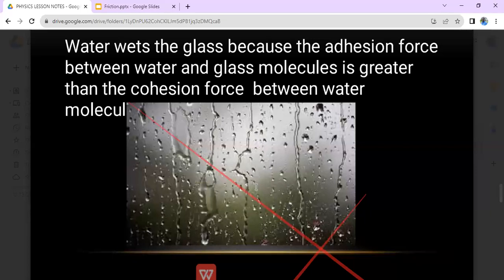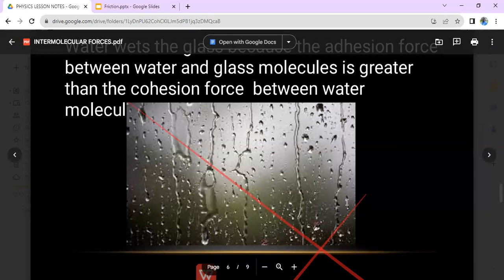So if a person asks you why you think water wets glass, you say that this is because there is greater adhesion force between water and glass molecules than there is cohesion force between the water molecules themselves.